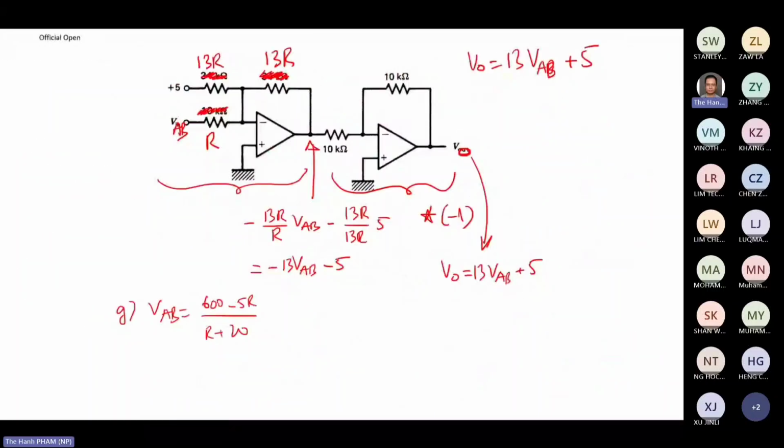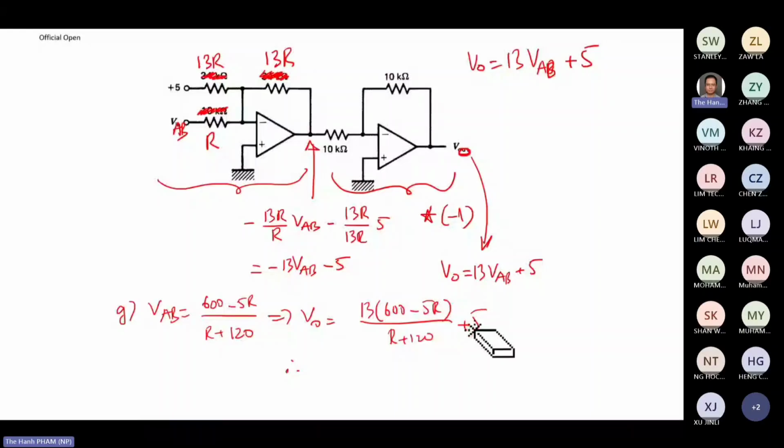So V out is 13 times this. From here, easily you see this one is a constant, doesn't matter.